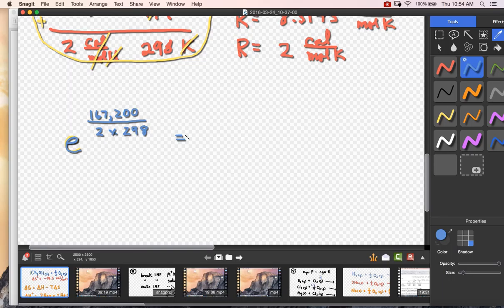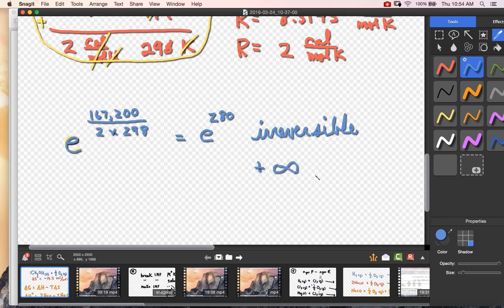Boy, it would be awesome to have that much money in my bank account. So 167,200 divided by 2 divided by 298 gives me E to the 280. This means I essentially have an irreversible reaction. It's not at equilibrium. The K constant is essentially approaching positive infinity.